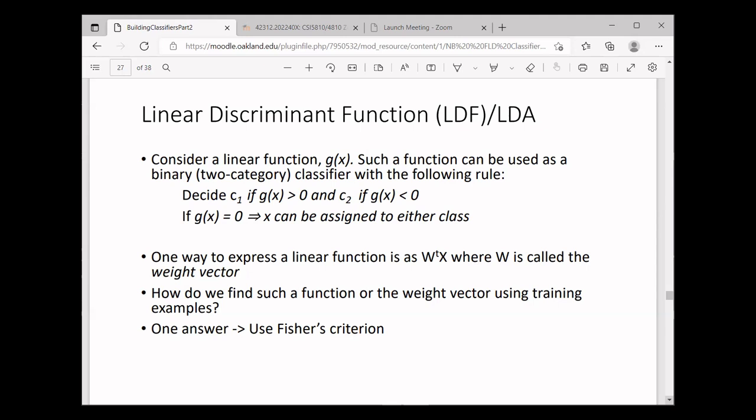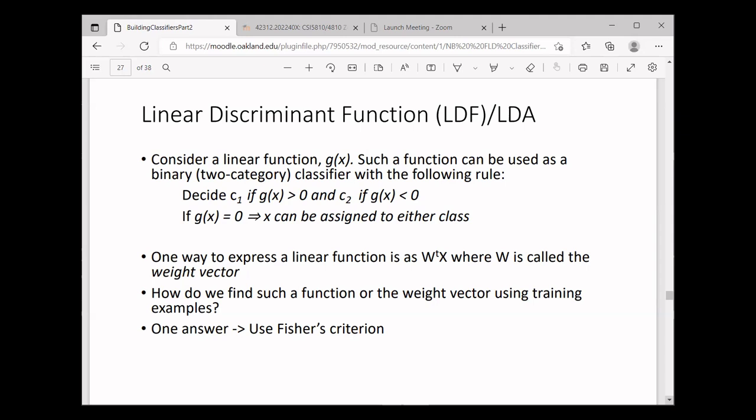On the other hand, if x represents an example from class 2, then g(x) produces a value which is negative.